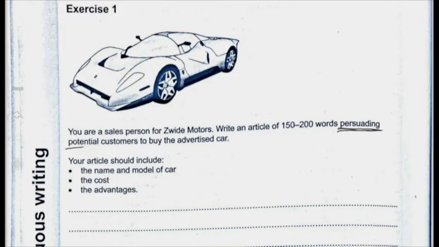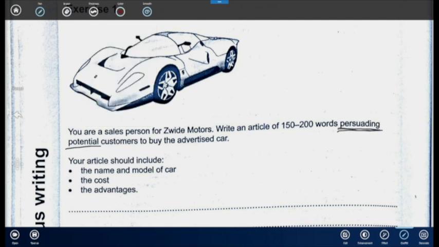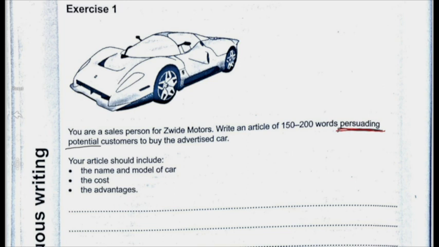The word potential customers means that these customers aren't your customers yet. So your task is to win them over. You are persuading potential customers, and you want them to do what? The ultimate goal is that you want them to buy. This is your task. This is your target. You are aiming at this. You want them to buy.